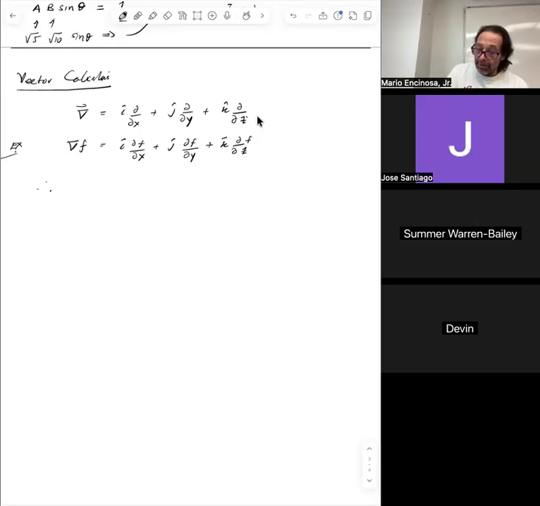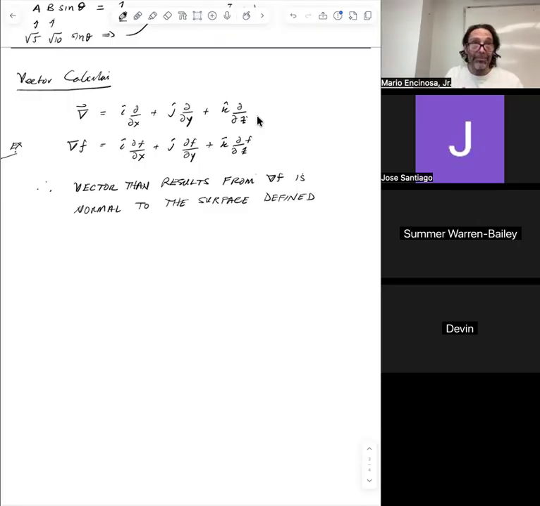The vector that results from grad F is normal to the surface defined by F(x, y, z) equal to C. When I'm writing out in big capital letters word for word, that means it's really important.